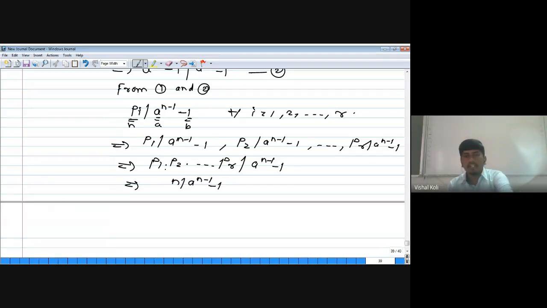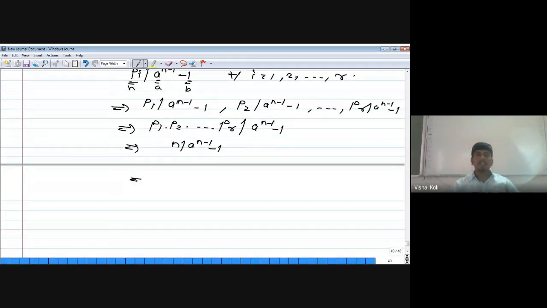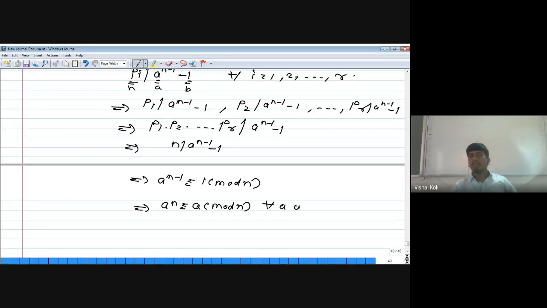Now we will use the definition of congruence, which implies a to the power n minus 1 is congruent to 1 modulo n. Multiply both sides by a, and we get a to the power n minus 1 plus 1, which is a to the power n, congruent to 1 times a, which is a modulo n. Therefore, a to the power n is congruent to a modulo n for all a with GCD of a and n equal to 1.